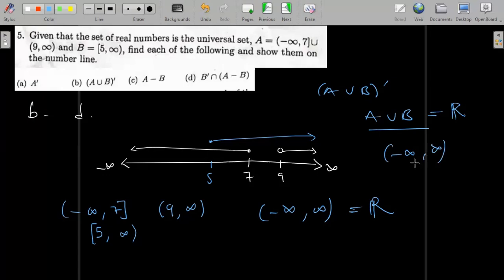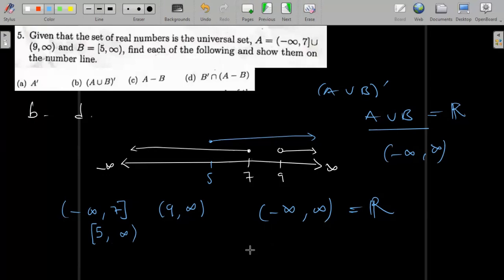When we say A union B complement, we add a complement to that. What is going to be outside our space that we are working in? Our space is the real numbers, so the complement outside there is going to be what? There's nothing, because we're just working in the space of the real numbers.